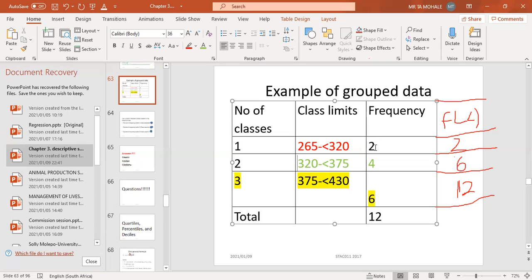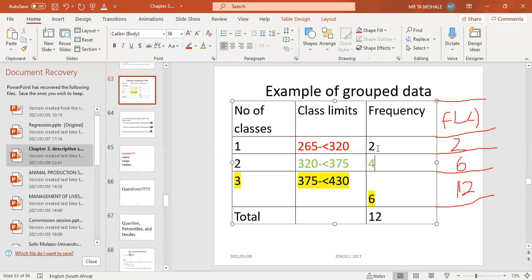So if you check the frequency here, the first frequency is 2. And when we take 1 from this 4, we remain with 3 this side. I don't know how to explain this, but it's how I understand it. Whenever I look at numbers just like that, I know this is supposed to be closer to this one.